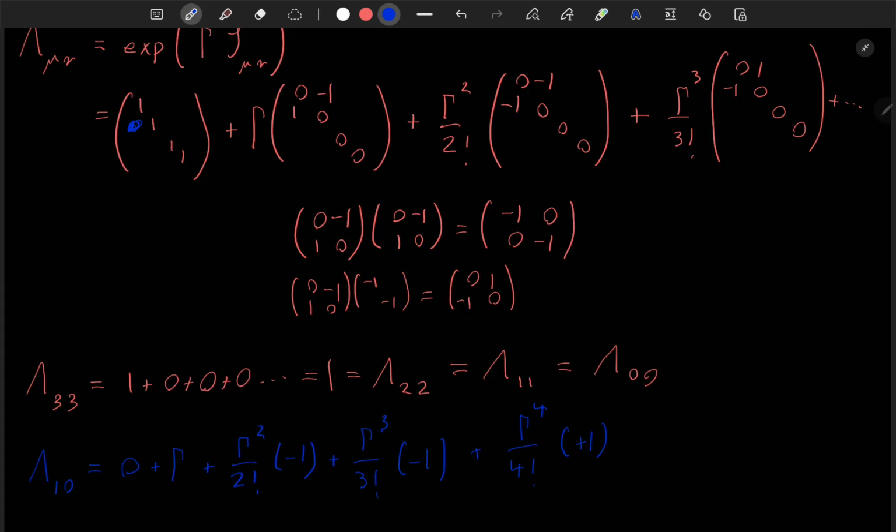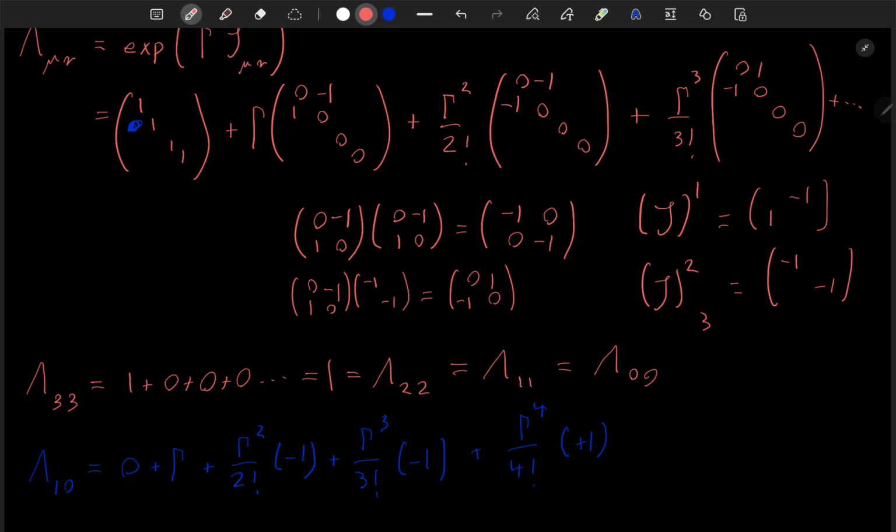Oh yeah, sorry, I should write out the whole pattern of the powers of our generator. To the 1, we get the generator. To the 2, we get our negative identity.